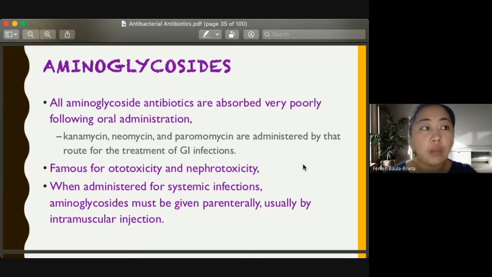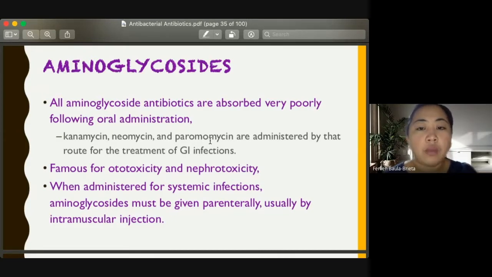So all aminoglycoside antibiotics have very poor absorption following oral administration. Okay, we have examples: kanamycin, neomycin, and paromomycin.